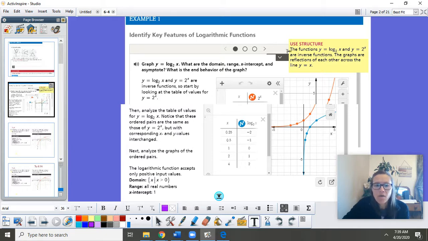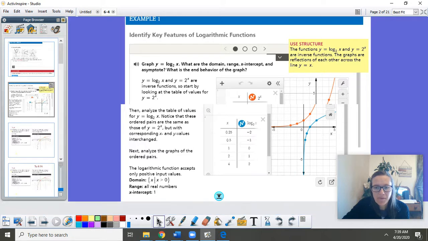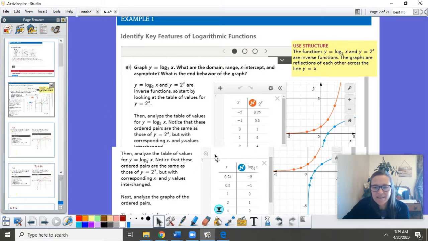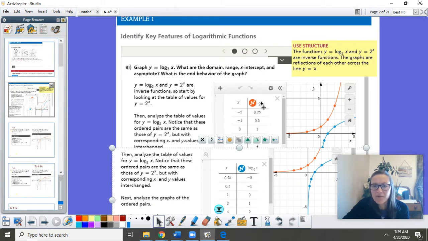And so when you analyze the table, I have these stacked on top of each other, and you can see that in my first function, which is the orange exponential, we have -2 would give me a value of 1/4.